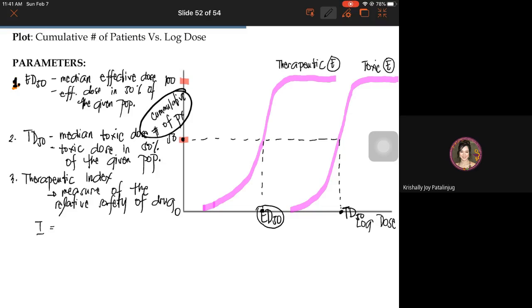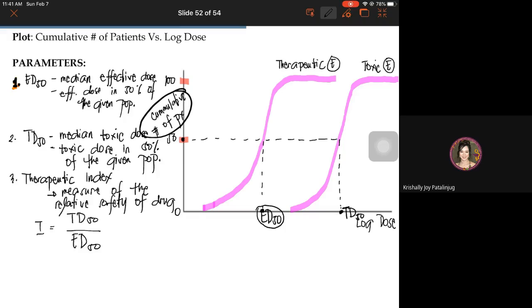You simply determine the ratio of the dose that produces toxicity to that of the dose that produces the clinically desired or effective response. So this is how we get the therapeutic index: TD50 over ED50.